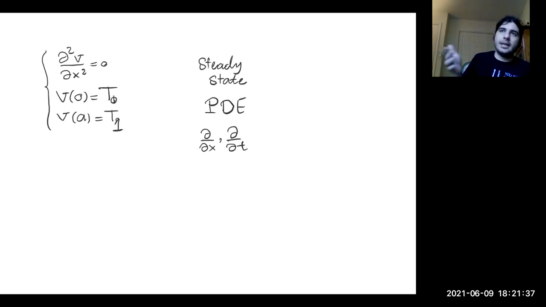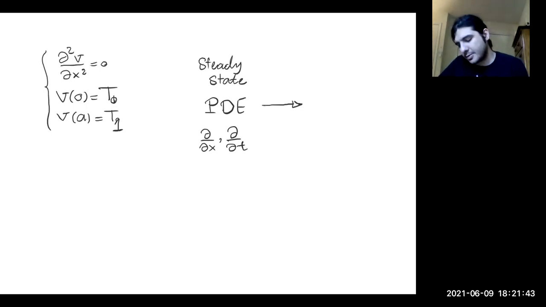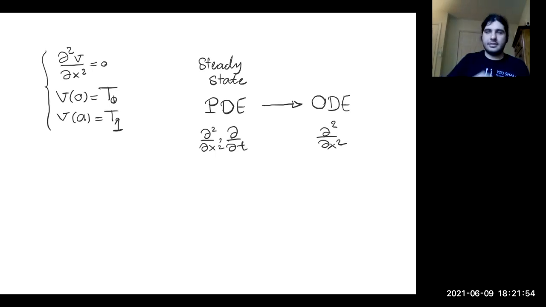Now, by taking the limit, we got rid of one of these derivatives. We only now have the second derivative with respect to x. So there is no derivative with respect to t anymore. So we are dealing with an ODE. So rather than having different derivatives with respect to different variables, now we have a derivative with respect to one variable. So let's solve this one.